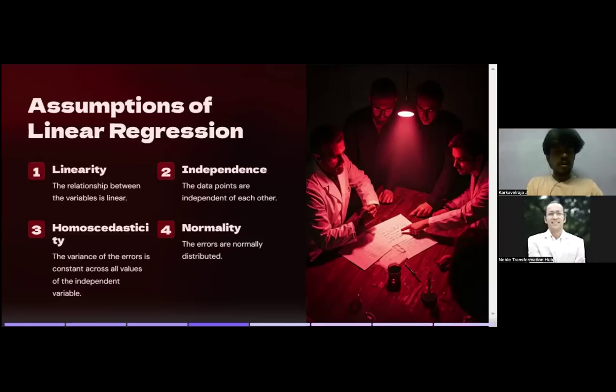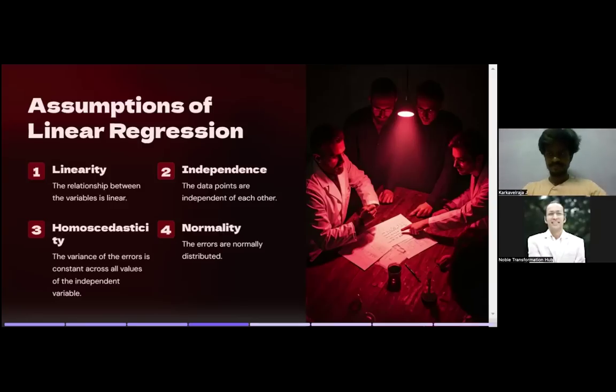From my perspective, the assumption you need to keep in mind is that you can apply the linear regression model to data points which are linearly associated, either positively or negatively related. You should not apply a linear regression model to data points which have no relation. That's the main assumption you need to take away from this slide. Yes sir, over to you.